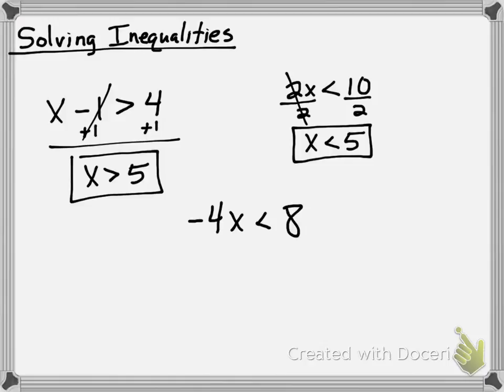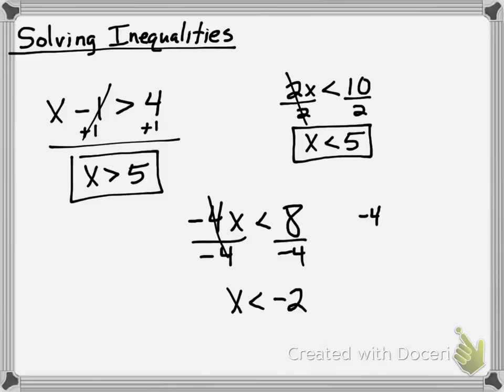Alright, so let's solve this algebraically, just like we did on this problem up here. I have a times -4, so I'm going to divide by -4. And then the -4's cancel, and I get x is less than -2. But now let me check my solution. If I think x is less than -2, then any number less than -2 should work for this inequality.